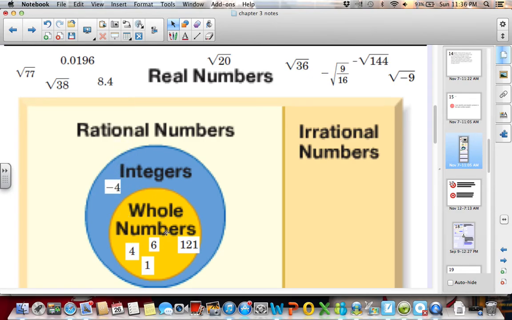So all of these numbers right here are also integers. Okay, negative 4 is not a whole number, so negative 4 would only be an integer and a rational number. Okay, that's all I have for that. 8.4 would be a rational number because it's a decimal and it stops. Same with 0.0196.